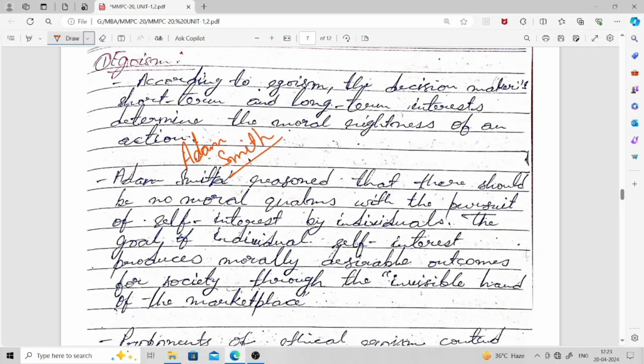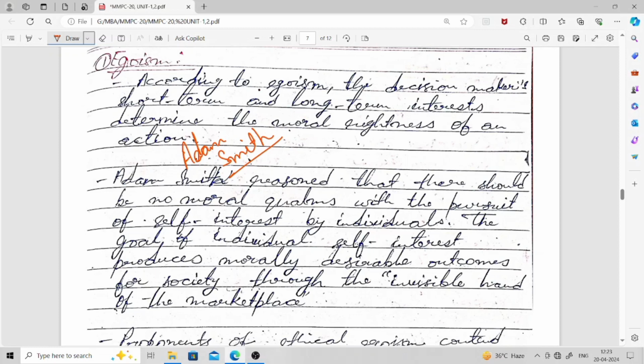Adam Smith reasoned that there should be no moral qualms with the pursuit of self-interest by individuals. The goal of individual self-interest produces morally desirable outcomes for societies through the invisible hand of the marketplace. What Adam Smith said is that people should pursue their self-interest goals, and when they do, the outcome will be desirable, and this is due to the invisible hand of the marketplace.